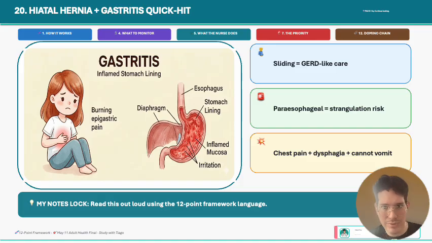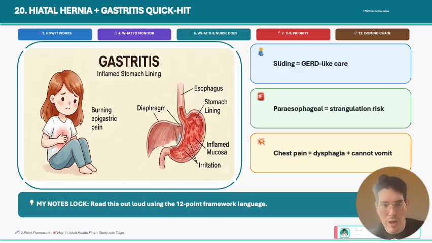Gastritis is inflammation of the stomach lining. It can be connected to NSAIDs, alcohol, infection, stress-related mucosal injury, or other irritants. Symptoms can include epigastric discomfort, nausea, vomiting, fullness, and sometimes bleeding. Dyspepsia is more of a symptom label: indigestion or upper abdominal discomfort.